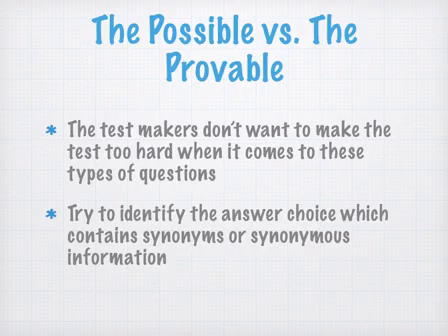Now, the test makers don't want to make the test too hard when it comes to these questions. It doesn't want you to get caught up in possible answers or possible situations that could have happened. So you need to try to identify the answer choice which contains synonyms or synonymous information, because if you just get wrapped up in all the possibilities, then you're going to waste a lot of time, and you're going to run out of time and not be able to answer the questions as you should.